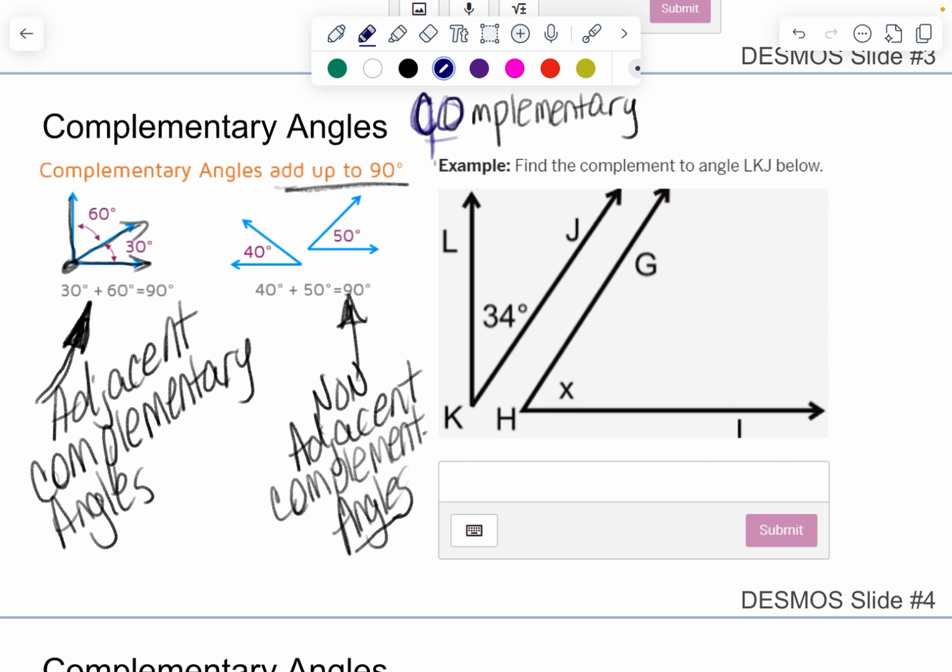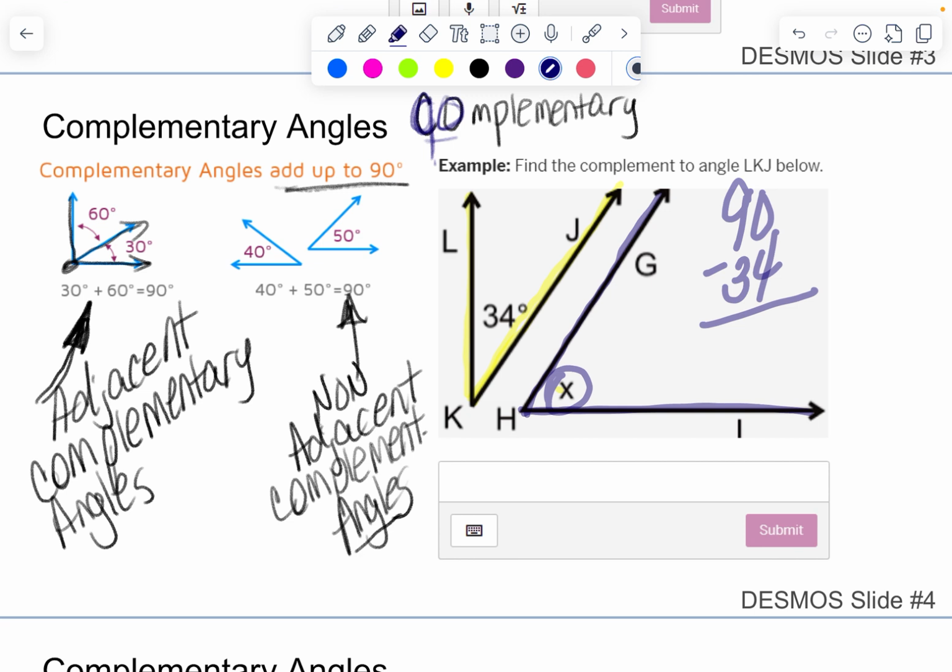Okay? So if we have these two angles, we have angle LKJ is 34 degrees. And we want to know what is the measure of angle X over here on GHI. What is this angle right here? Well, if this is 34, we would take 90 minus 34.